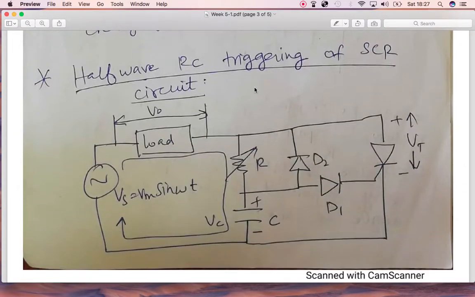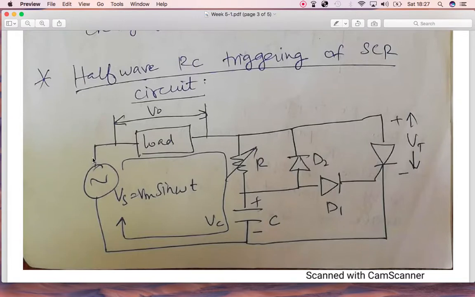So we can see here the circuit diagram of the first, half wave RC triggering circuit of SCR. In this you can see we have an AC source, a load, a variable resistance, a capacitance, two biasing diodes, and an SCR.